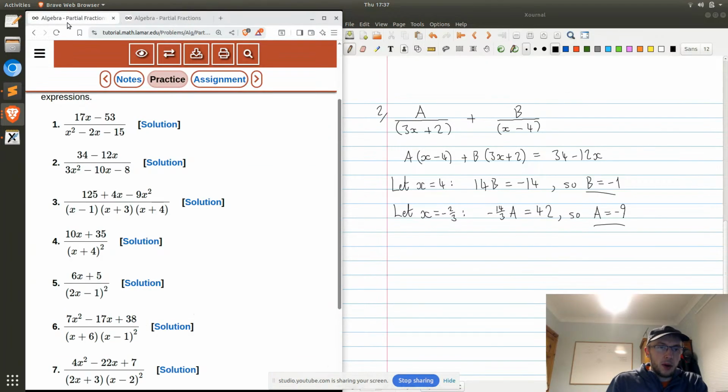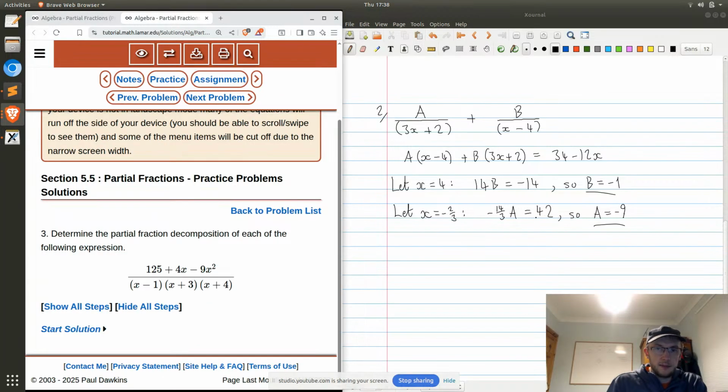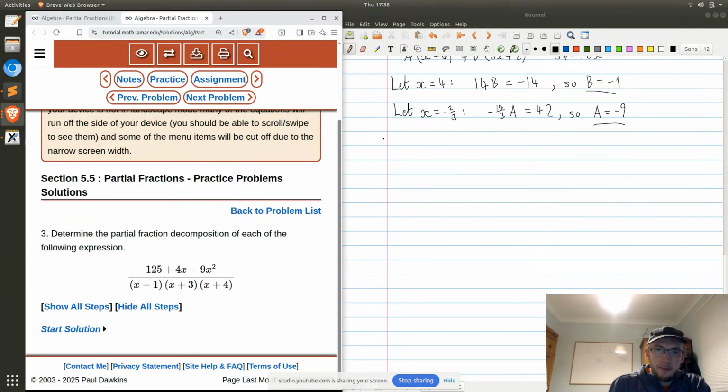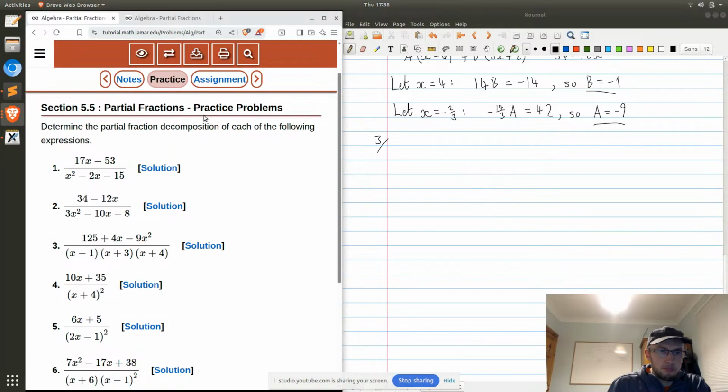Now problem 3. I guess I can sort of just see it here. Yes. For problem 3, we have, oh, I see. Okay, so they've already factorized it for us.